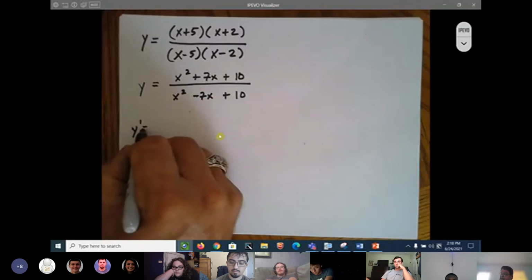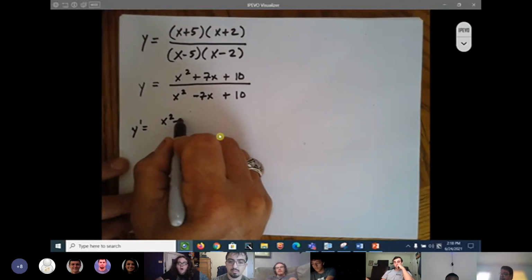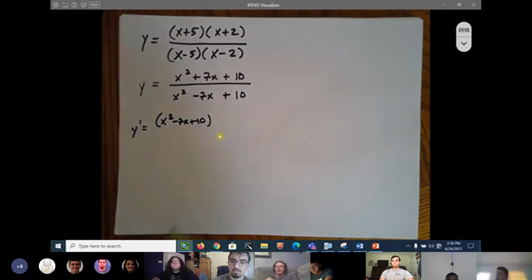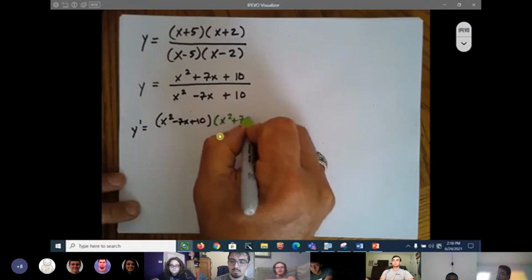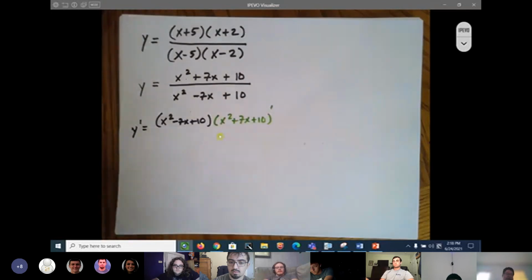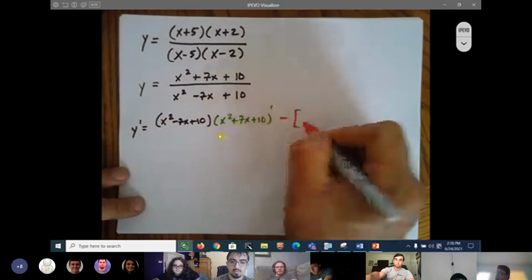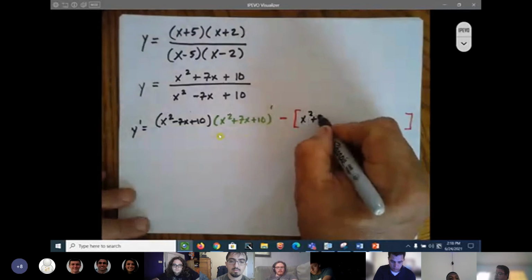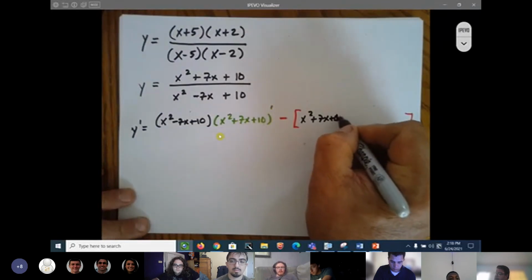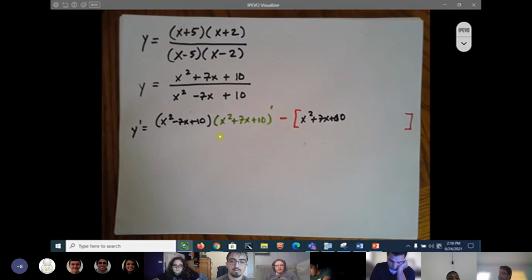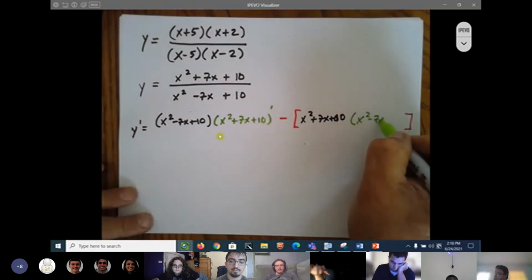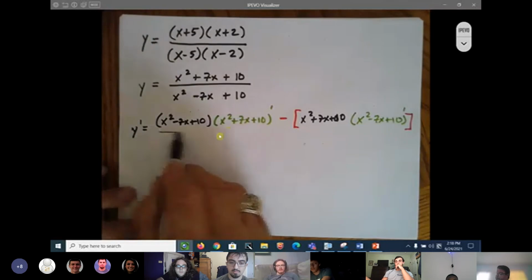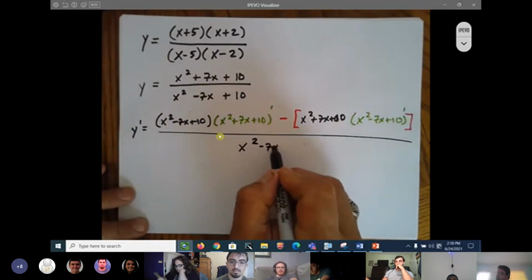So y prime is equal to the denominator times the numerator prime, minus the numerator times the denominator prime, all over the denominator squared.